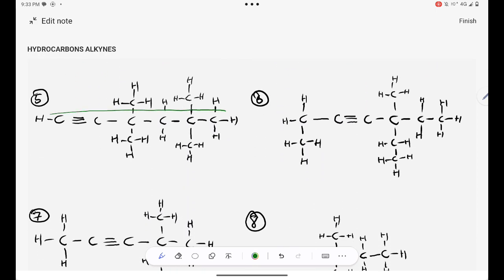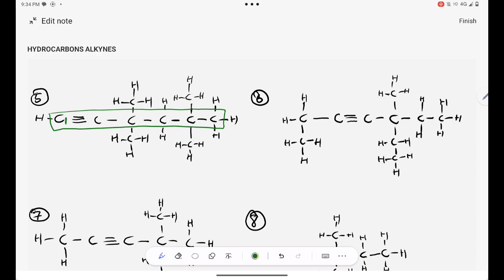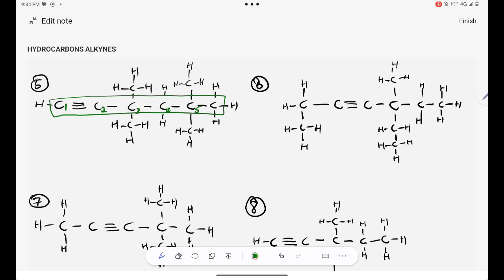Okay, the parent chain is the one that has a triple bond, right? So this will be carbon number 1, 2, 3, 4, and 5. At carbon number 3, I have 2 side chains. Carbon number 5, I also have another side chain.